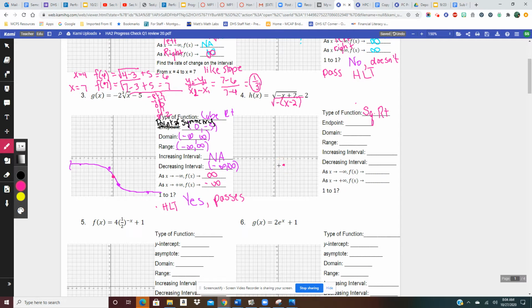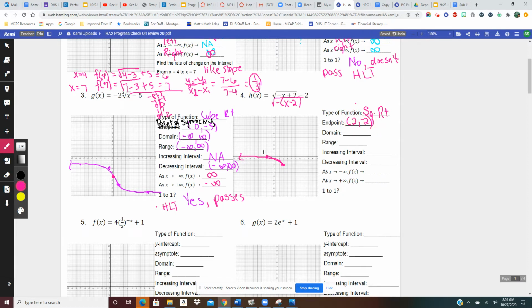And then I'm going to go left 1, up 1. And I'm going to go 1, 2, 3, 4, and then 1, 2. Okay, so here's my graph. Okay, so my endpoint is 2, -2.